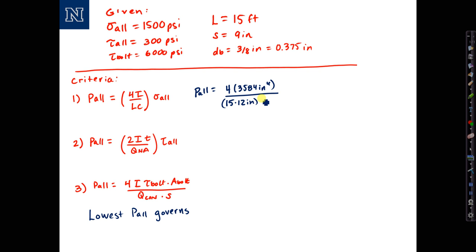And then the C value, which we said was also 12 inches, and we'll multiply that by sigma allowable, which is 1500 psi. This computes to 9956 pounds, or if you prefer, 9.96 kips. Okay, second criteria, P allowable equals 2IT over Q at the neutral axis times tau allowable.